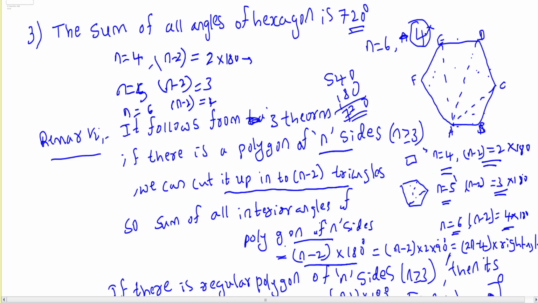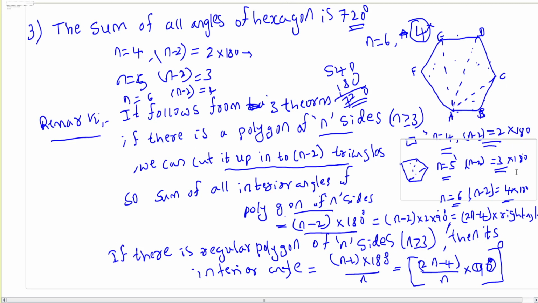This can be written as (n minus 2) into 90 into 2, that is (2n minus 4) right angles.